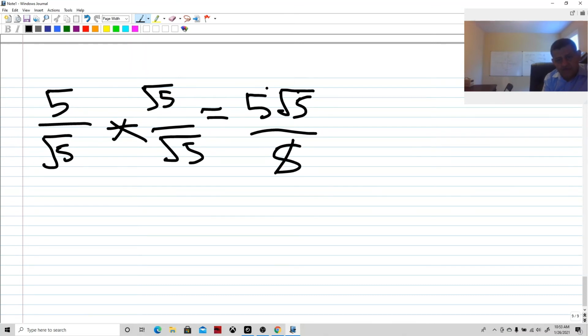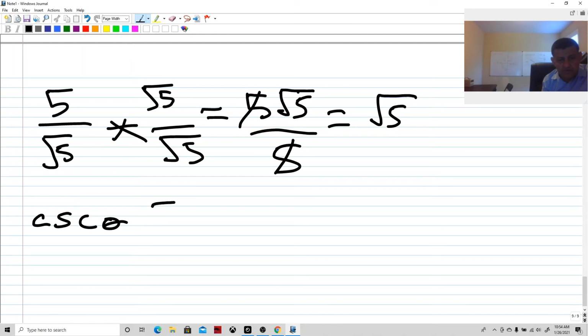Cancel those 5s out, and the answer is radical 5. So cosecant of theta is equal to radical 5.